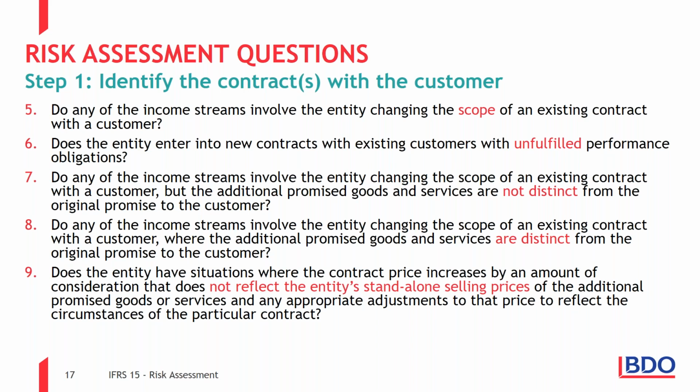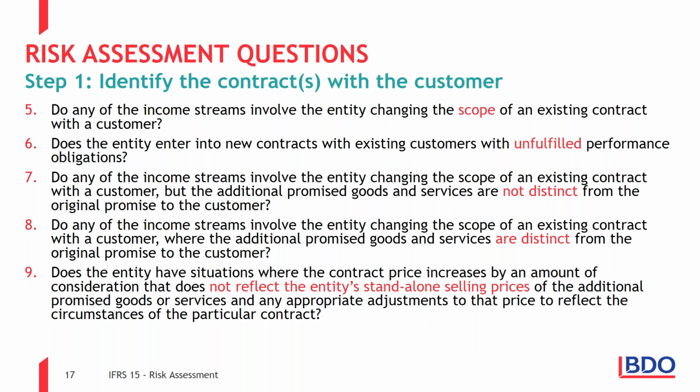So we're already busy with the construction, we're not done yet, it's unfulfilled, but now we're adding other things to it, because you would be captured by that decision tree on the previous slide. So also question 7, do any of the income streams involve the entity changing the scope of an existing contract, but that additional good or service are not distinct from the original product, from the original promise?